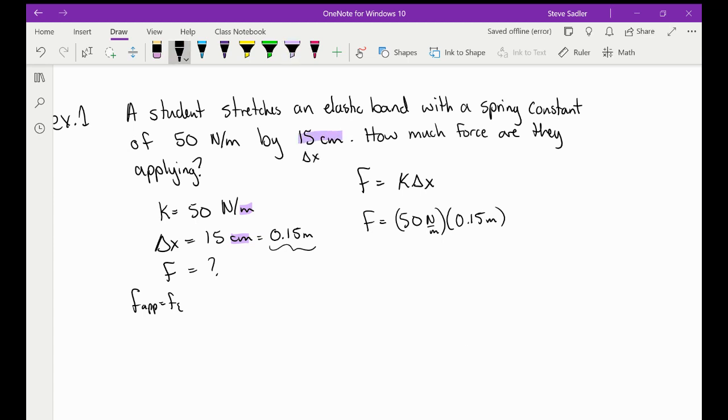We don't know the original length, but that's the amount of distortion. And now we can multiply that, and we get 7.5 newtons. If you look, meters over meters cancels, we're left with newtons.